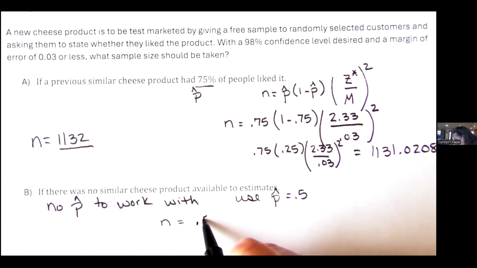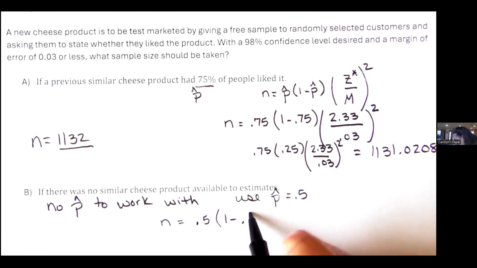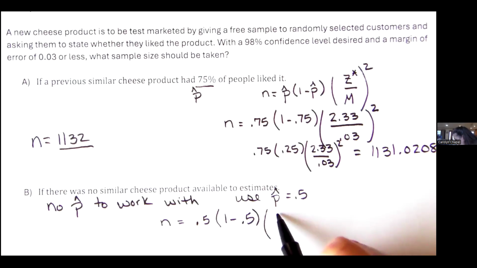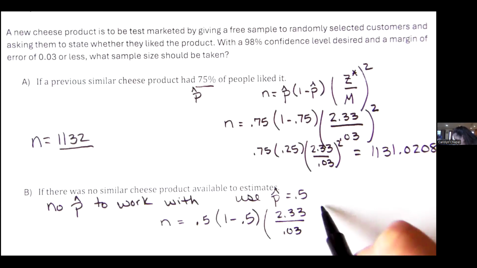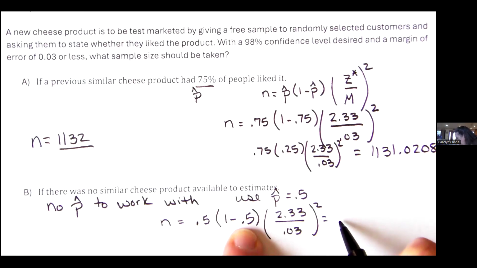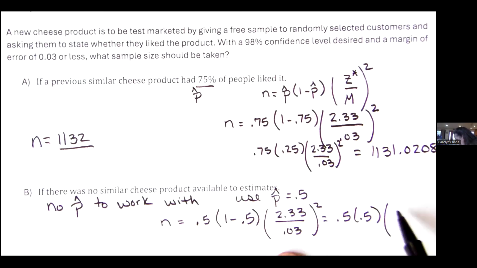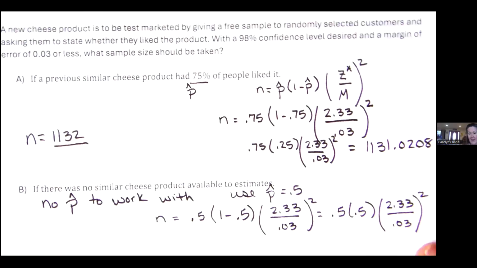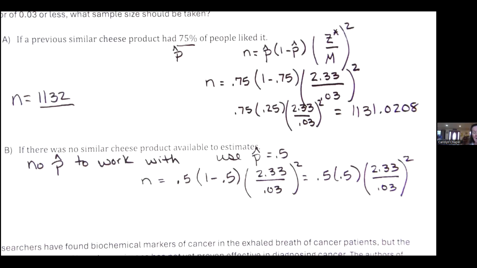So we have 0.5, 1 minus 0.5, and then we're still going to have these same values. You will see that our n is going to get a little larger, maybe a lot larger. 1 minus 0.5 is still 0.5. And you may see this formula a little different in textbooks because they will have multiplied that 0.5 times the 0.5 out and just have that number in front of it.